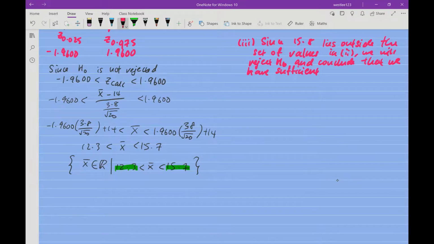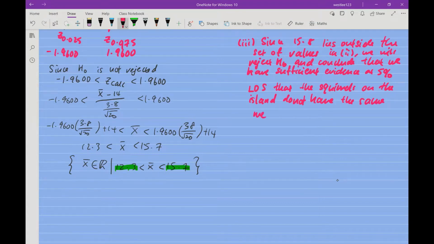So you have to write that down: sufficient evidence at 5% level of significance that those squirrels on the island do not have the same mean tail length as the species known to the zoologist.